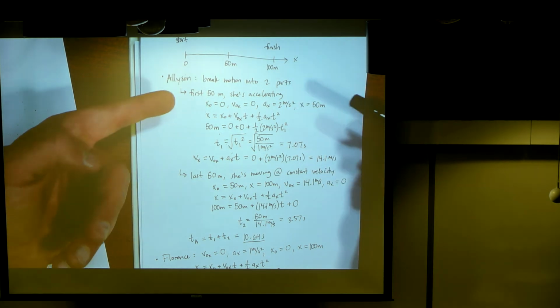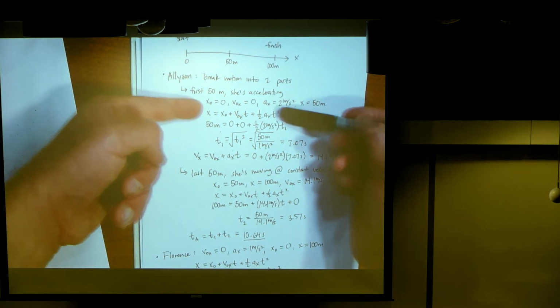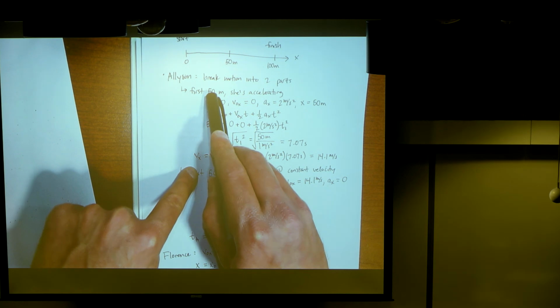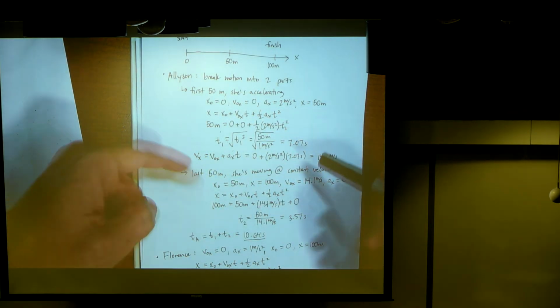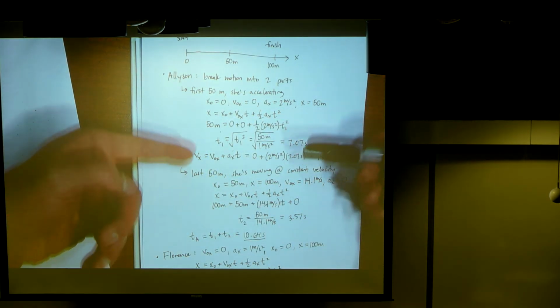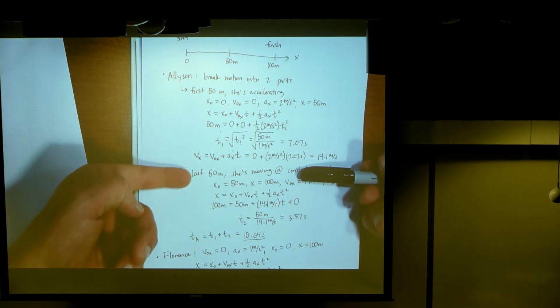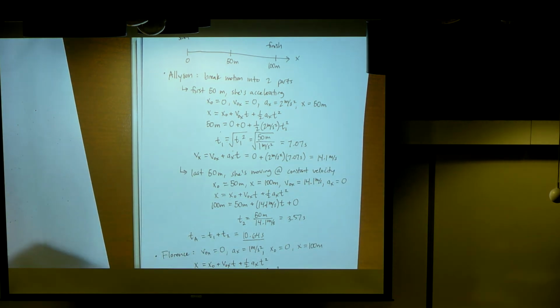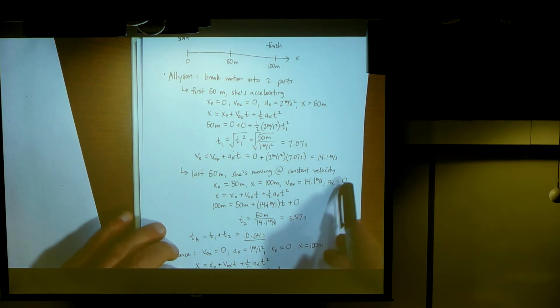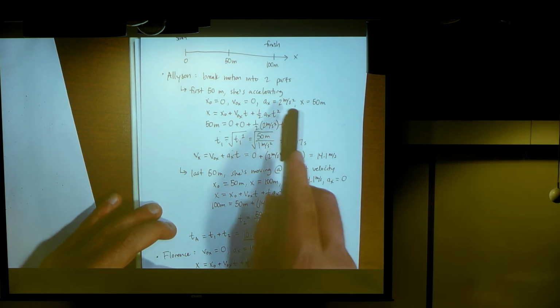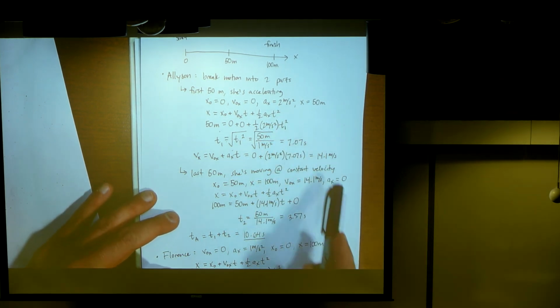While the acceleration is staying constant, we can use this equation for the first 50 meters. But once the acceleration changes suddenly, we have to break that into a separate part and use this equation again. So in other words, the value of a has changed. It was starting at 2 meters per second squared, and now it's just 0.